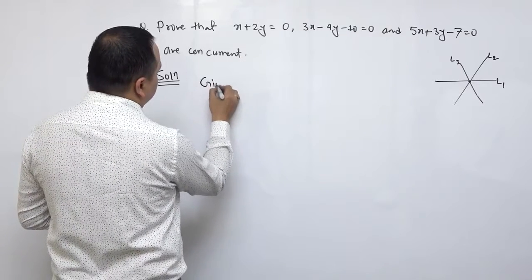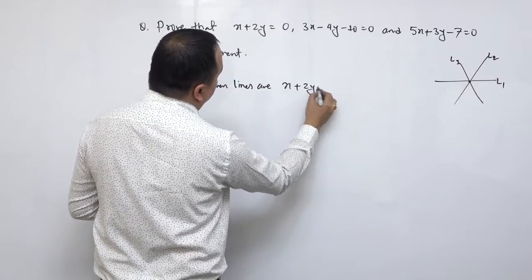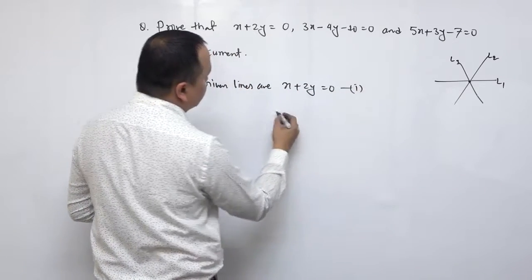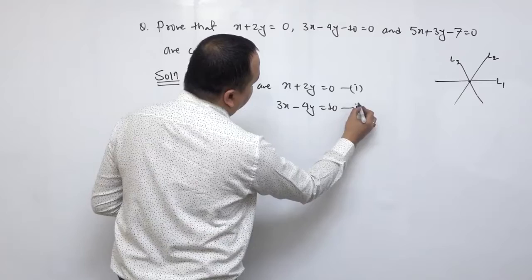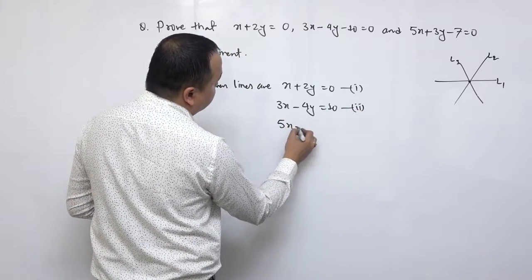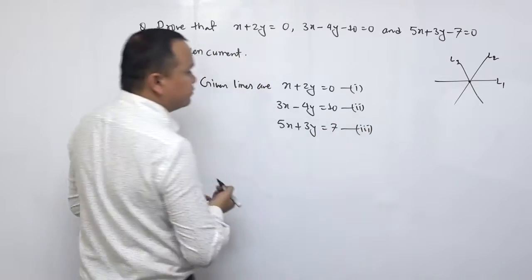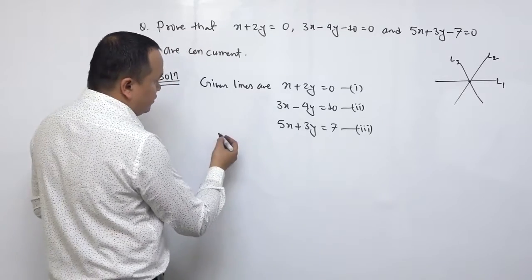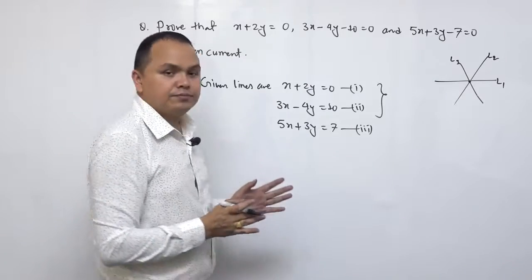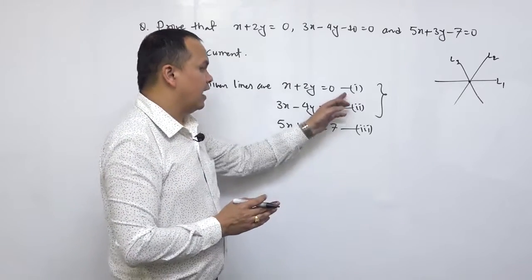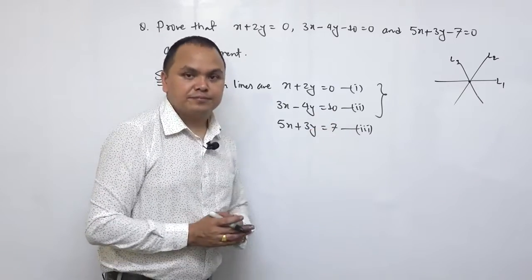The given lines are x plus 2y is equal to 0, equation I, 3x minus 4y is equal to 10, equation II, and 5x plus 3y is equal to 7, equation III. Now solving any two, either I and II, or II and III, or I and III.